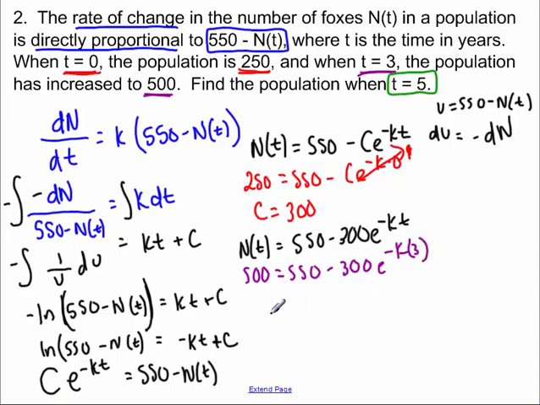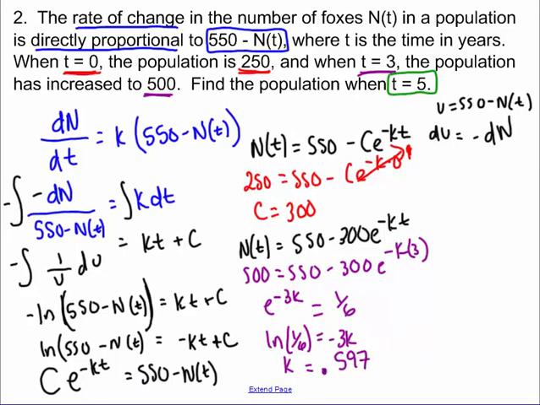So isolating this e to the negative kt, we have e to the negative 3k is equal to 1/6. So now we do the ln of 1/6 is equal to negative 3k. K is equal to 0.597, correct to 3 decimal places.